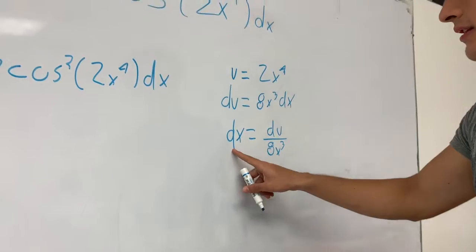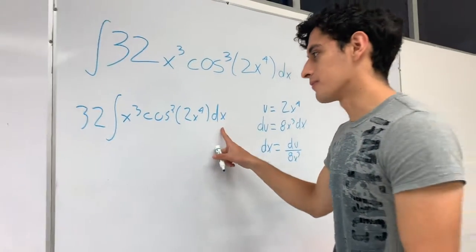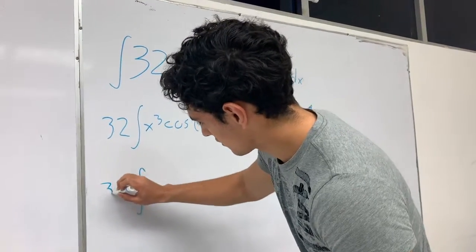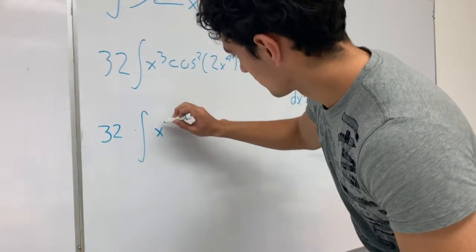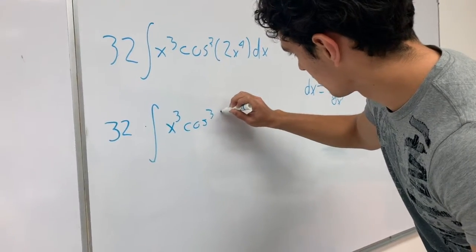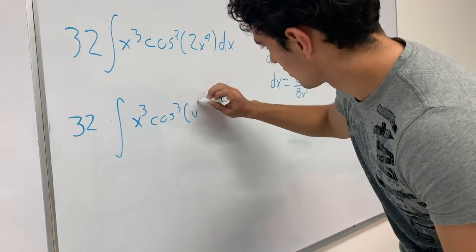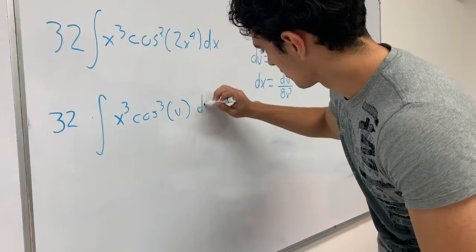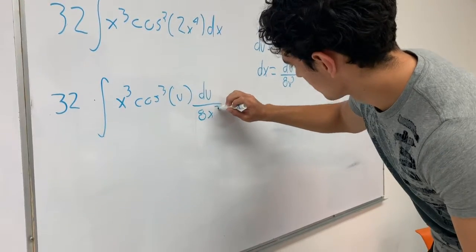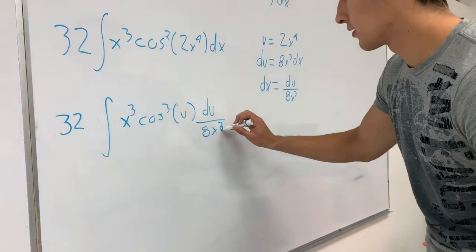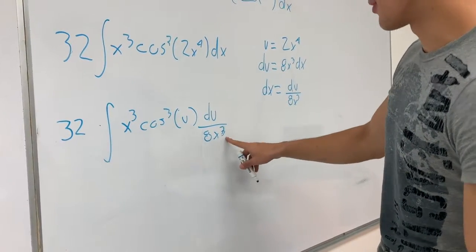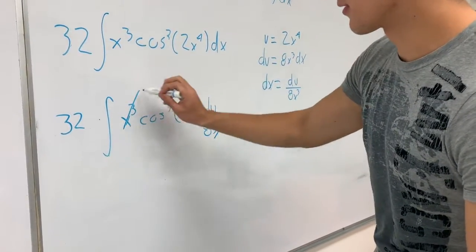Well, we have dx, so we can put it in the equation, in the integral. And now we can cancel x to the third power with this.